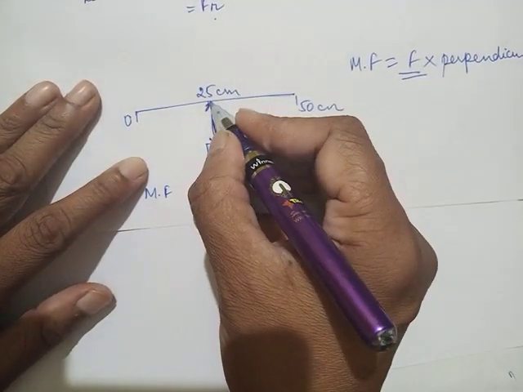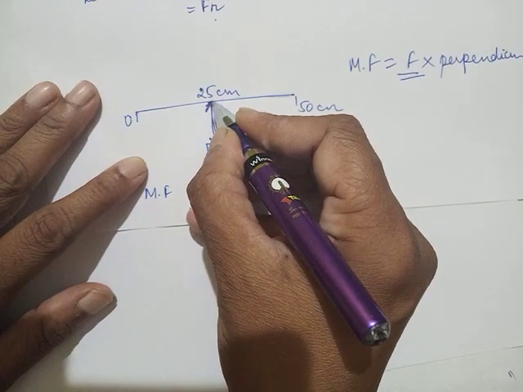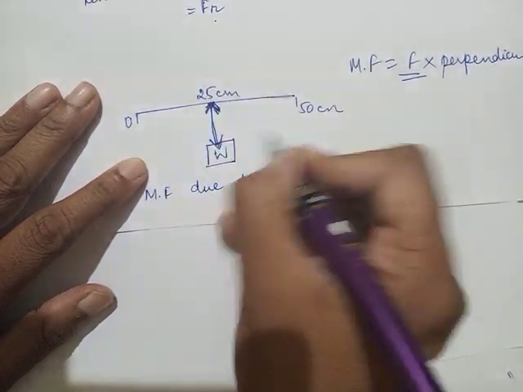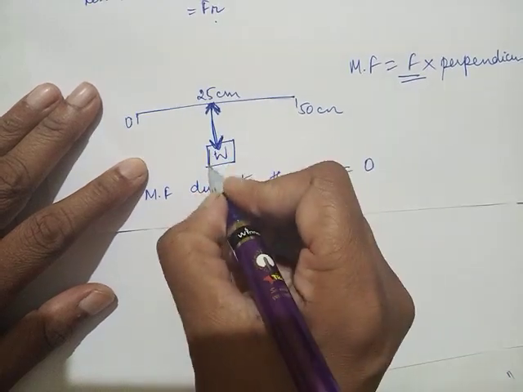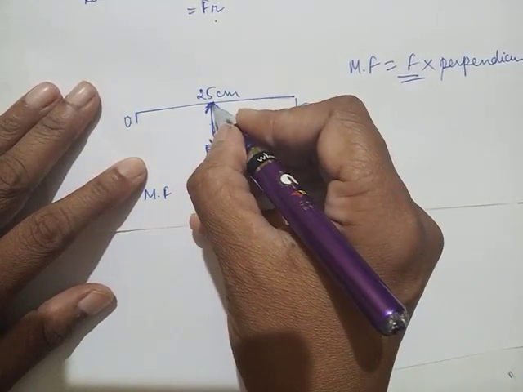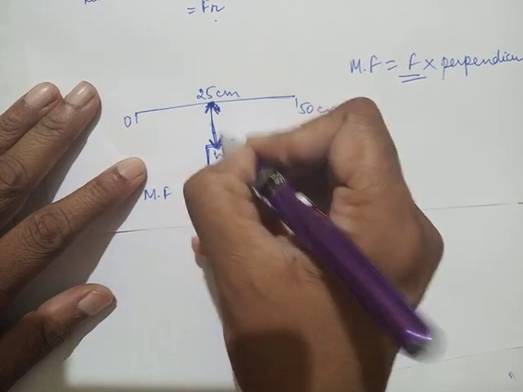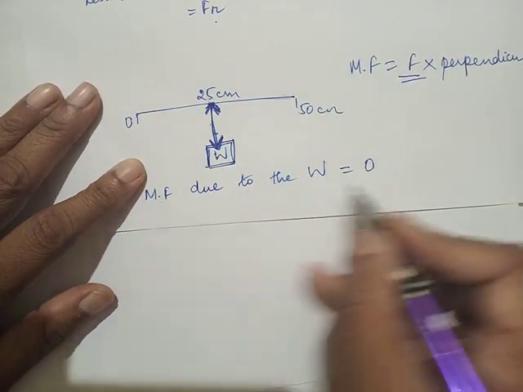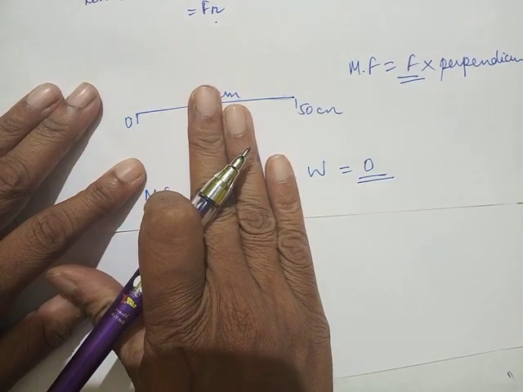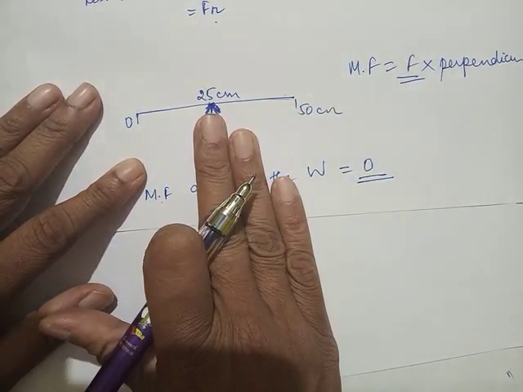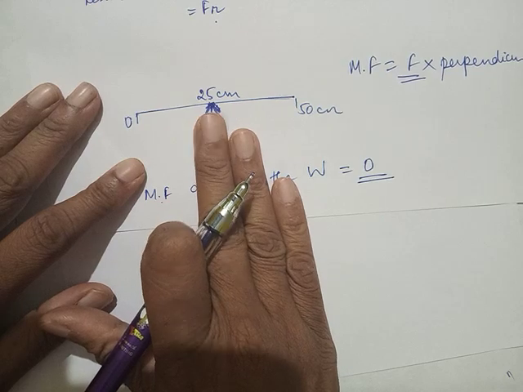Why? This is the pivot, means this is the point about which it has to rotate, and this is the point from which W is acting. So what is the distance between these two? 0. Because the distance between them is 0, moment of force will also be 0. So in such cases, you need not worry about the moment of force due to weight of that particular thing.